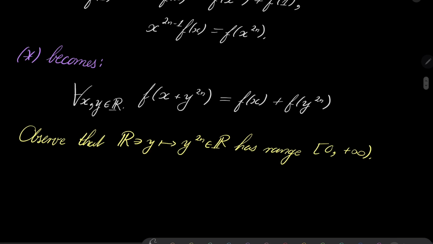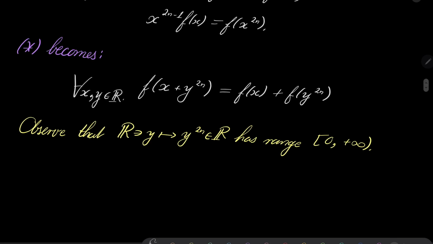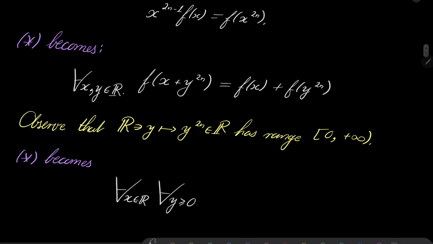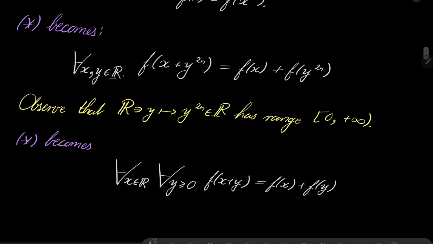So we can rewrite our equation once again using this observation, and asterisk becomes the following: for every real number x and for every y greater than or equal 0, f of x plus y equals f of x plus f of y, which is almost a Cauchy functional equation.